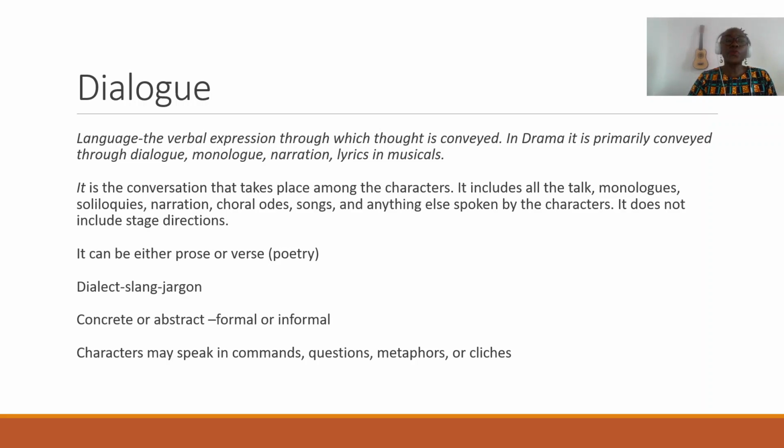And so when you think of language, when you think of dialogue, we know that it is the verbal expression that is used to convey thought in the play. Without the verbal expression, we will not be able to understand what the characters are thinking, what their motivations are.